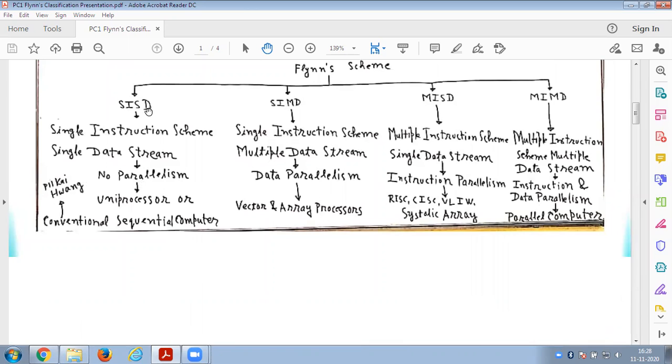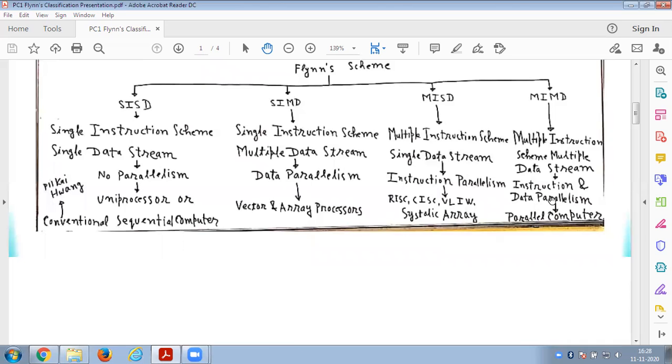In SISD there is no parallelism involved. In SIMD there is data parallelism. In MISD there is instruction parallelism. In MIMD there is both instruction and data parallelism.